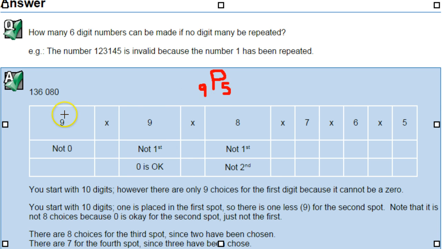Now, however, we also have our first digit. So we have 9 possibilities for our first digit multiplied by all the permutations that come after it. So we would be doing 9 times 9 arrange 5.